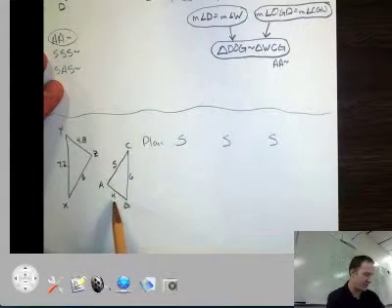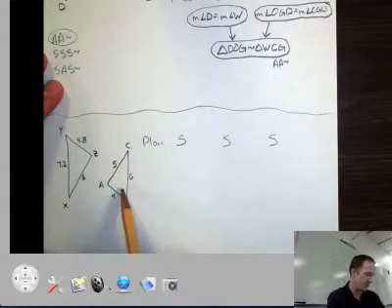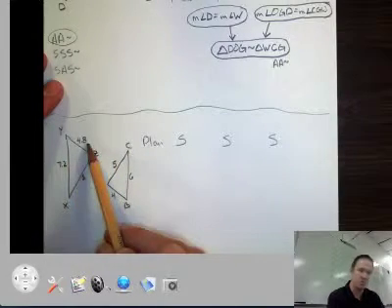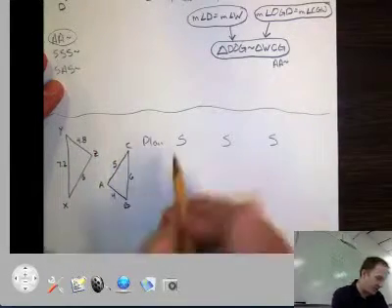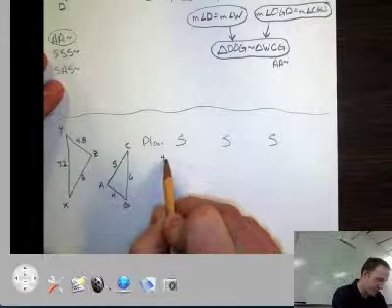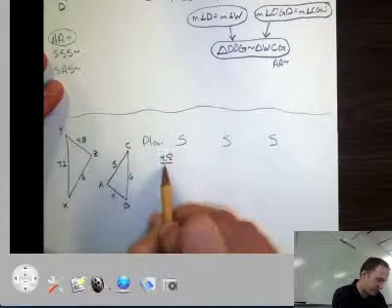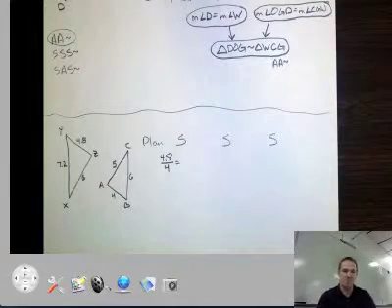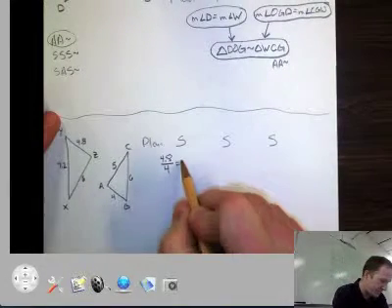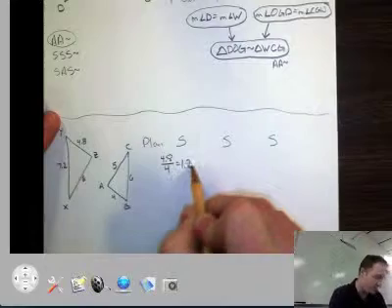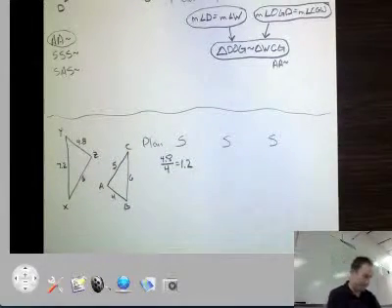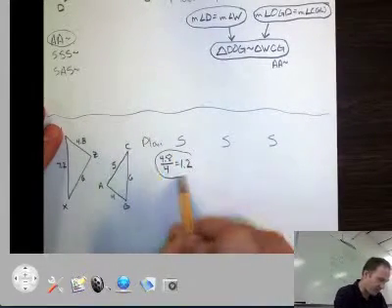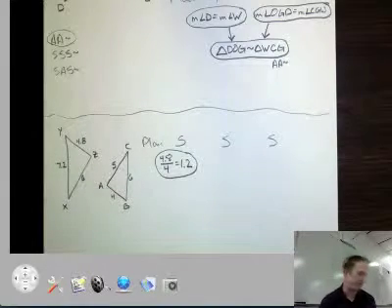Now 4 is the smallest one here. 4.8 is the smallest one in this triangle. That means they go together. So we make a ratio out of it, or a fraction. And you can put that in your calculator if you want. 4.8 divided by 4 is 1.2.